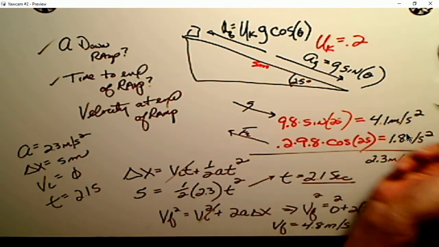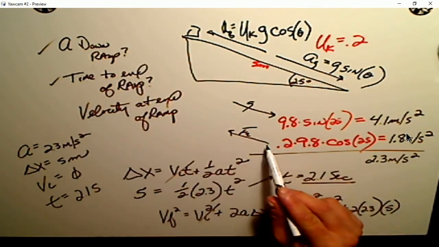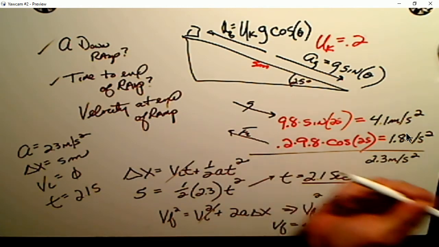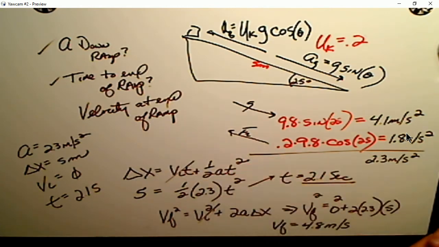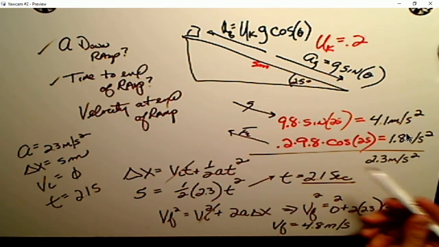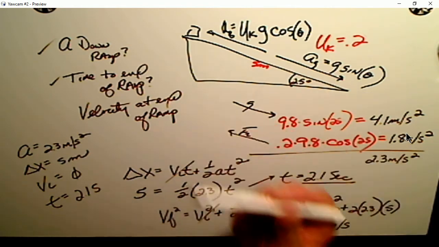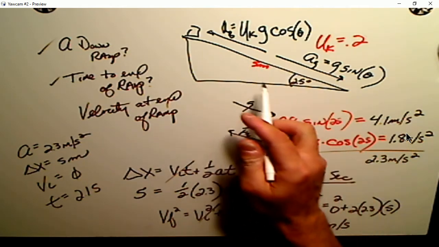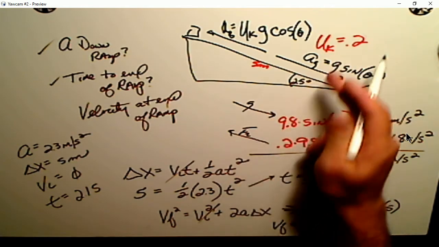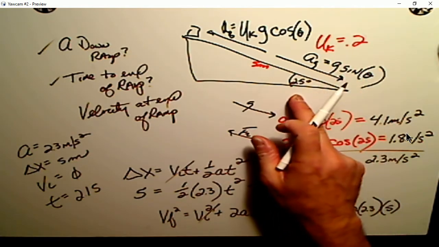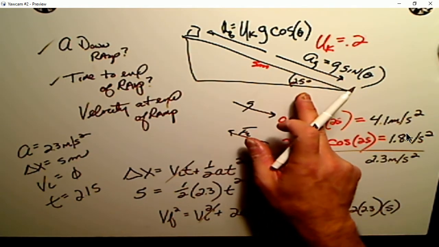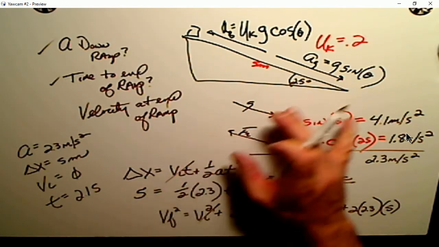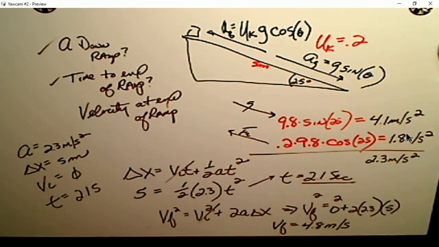That doesn't mean it's going to go up the ramp, because the force of friction will oppose the motion, but only up to the force of that motion itself. It won't go over that. All you could say at that point is, if this was much higher, say like 0.8, that at that angle, it wouldn't move.